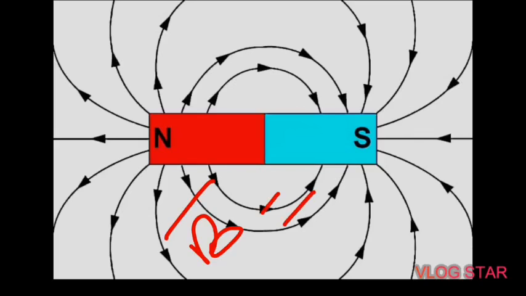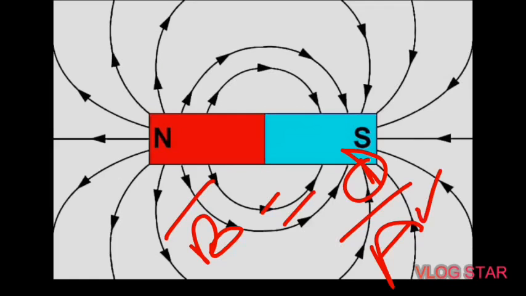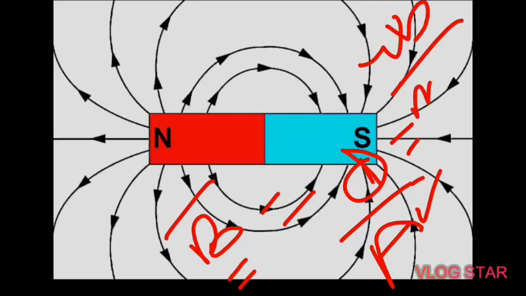This phi is nothing but the flux lines passing through this area. We know that the unit of phi or flux is Weber, and the unit of area is meter square.